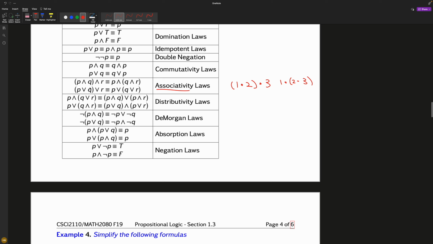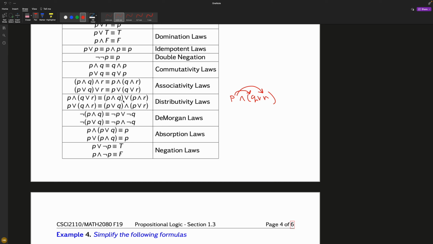Okay? Distributivity law, that one is distribution. Again, it's a lot like math. It's just discrete English, but it's actually math. As you can see, for this part, they just distributed it. So when you have P and Q or R, and you just distribute, right?